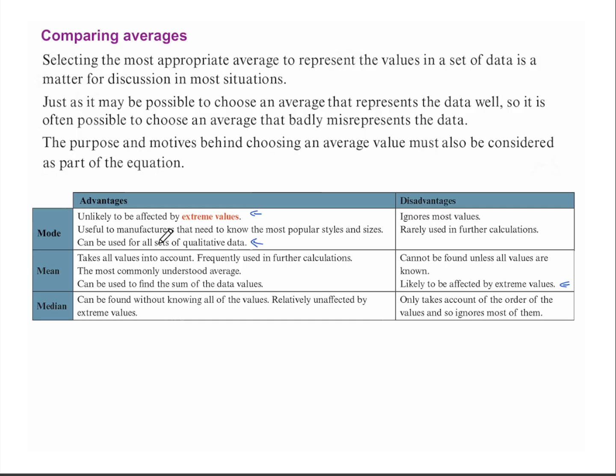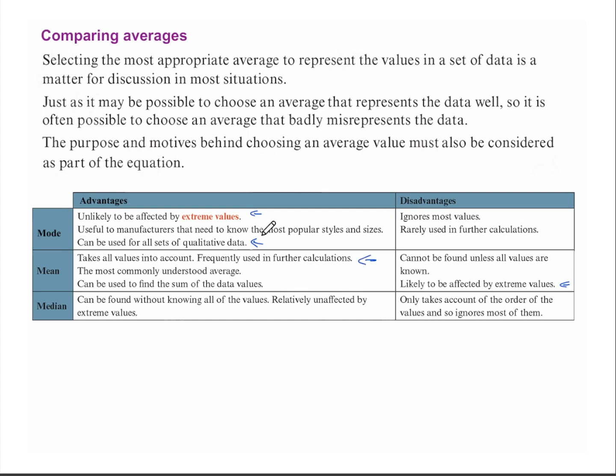The disadvantage of mode, on the other hand, is that it ignores most of the values. It only looks at the ones that are most repeated and doesn't care about the rest. On the other hand, mean does take into account all the values in the data set.